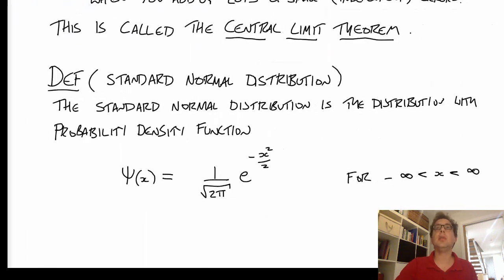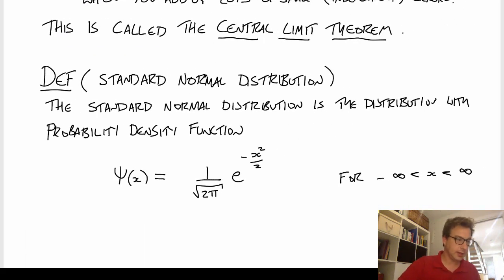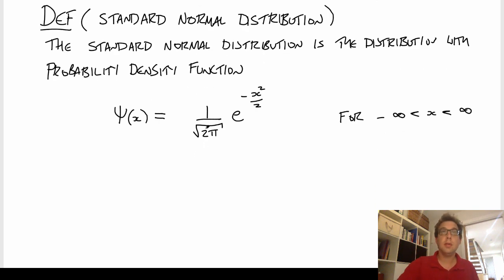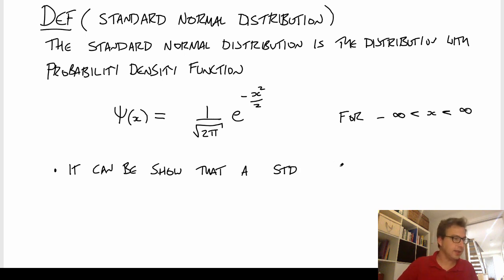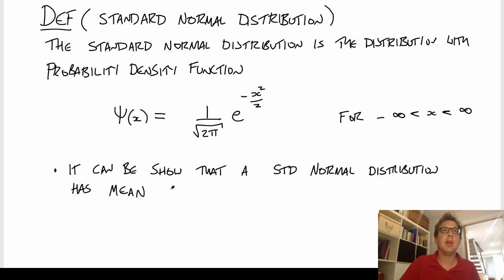So that gives you an idea what a normal distribution looks like. Two facts about a normal distribution, which I'll show maybe later, maybe not in this video: it can be shown that a standard normal distribution has mean 0 and variance 1.